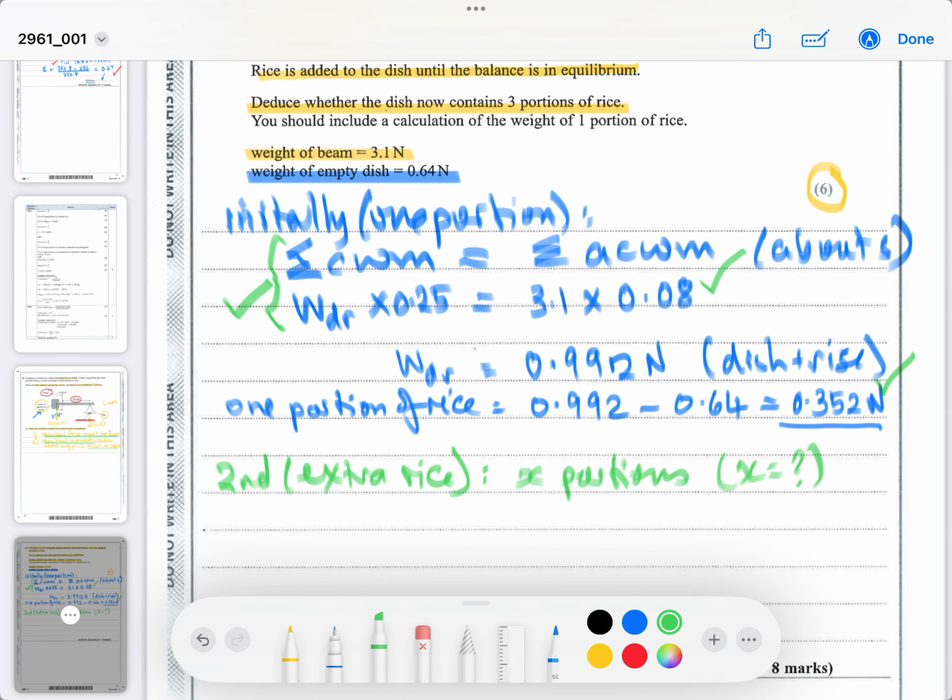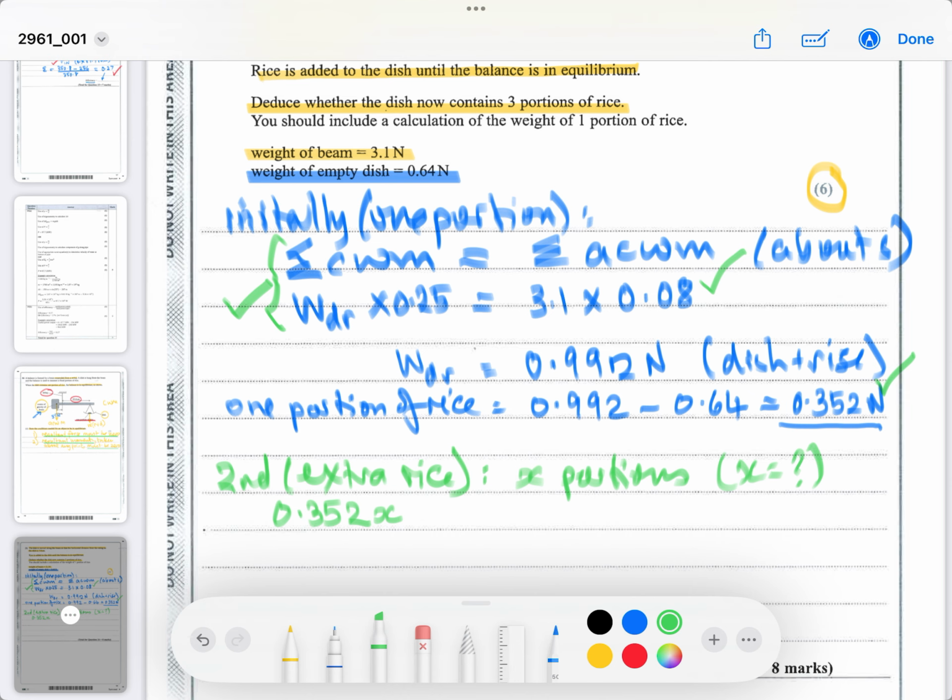So we have one portion of rice is 0.352, that's the weight of one portion. And we got x number of those, so 0.352x, times the distance.